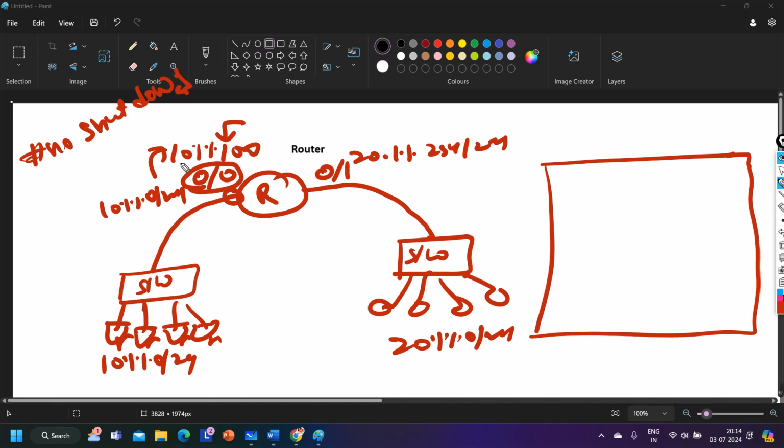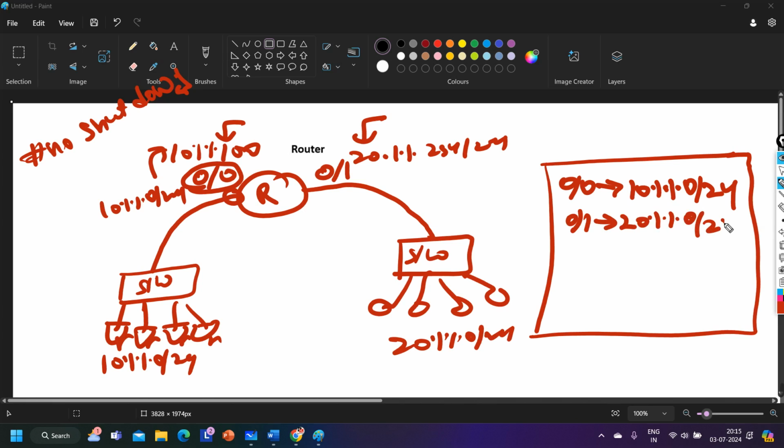It will find the network ID of that IP address. You will learn how we find the network ID from an IP address in subnetting. So this router finds the network ID, and after that it makes one entry that on my 0/0 interface a network is connected. That network is 10.1.1.0/24. Then you will configure an IP on this interface also. Again, the router makes an entry that on my 0/1 interface a network is connected. That is 20.1.1.0/24. Done.